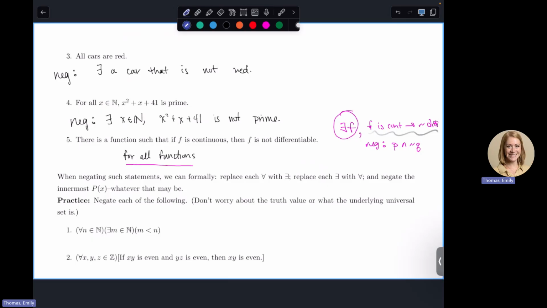For all functions f, they are continuous and differentiable. That's weird and it's uncomfortable, right? It also reads weird, but that's right.